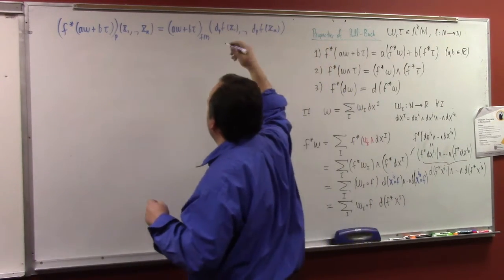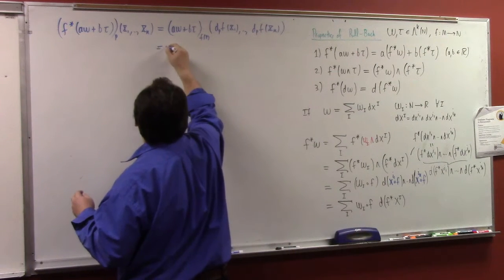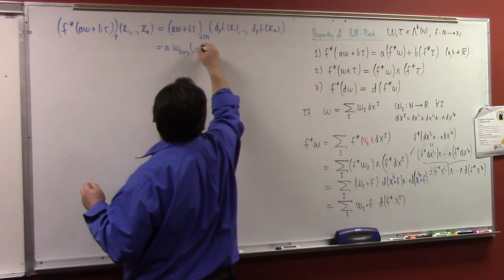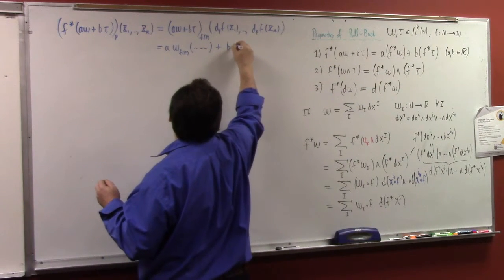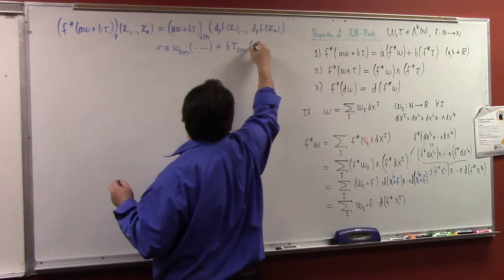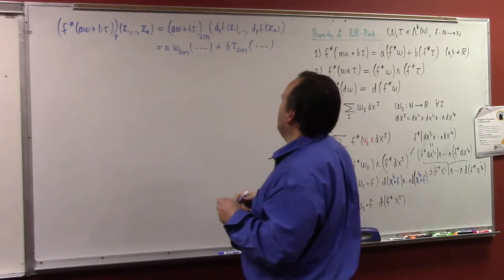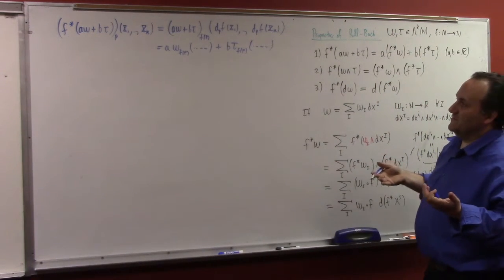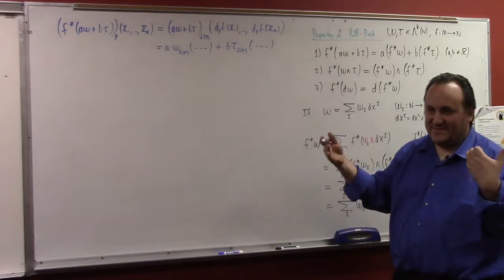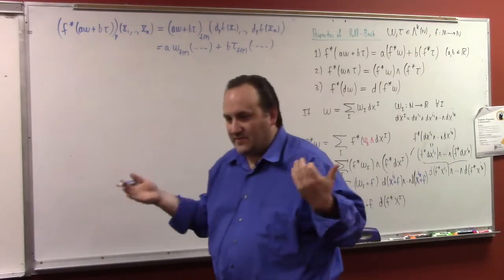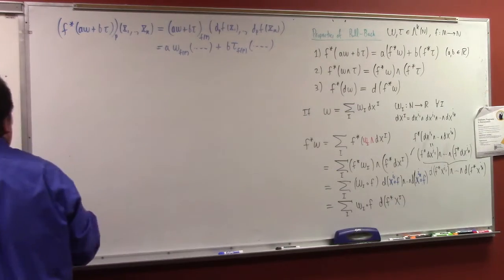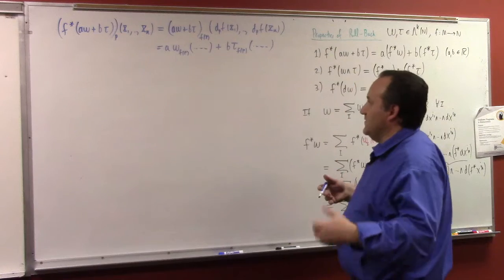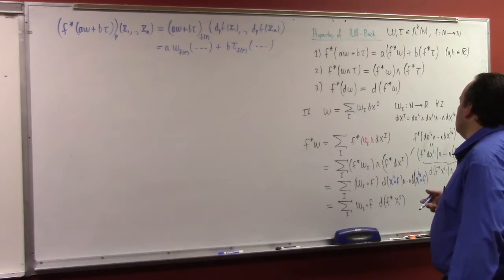But then this is literally A omega at f of P times all that stuff plus B tau at f of P times all that stuff. Why is that? Well, that's the definition of addition of functions. It's just function addition. I don't think I even need the tensorial property of the K-forms here for that.